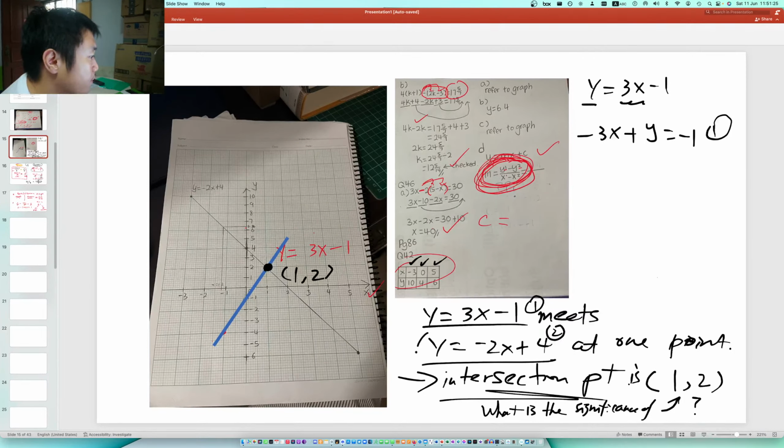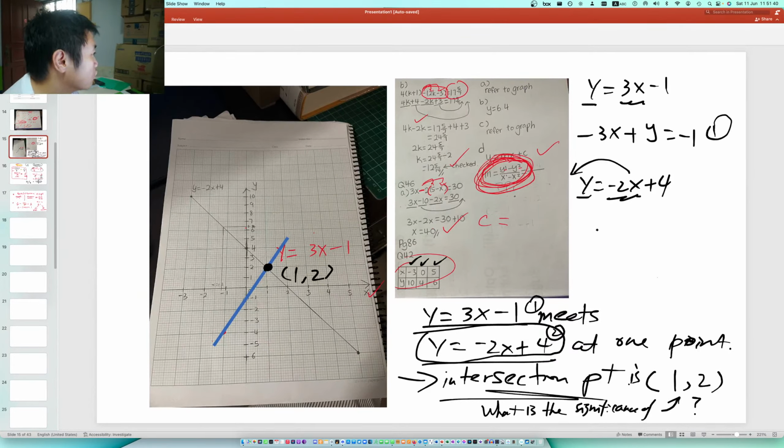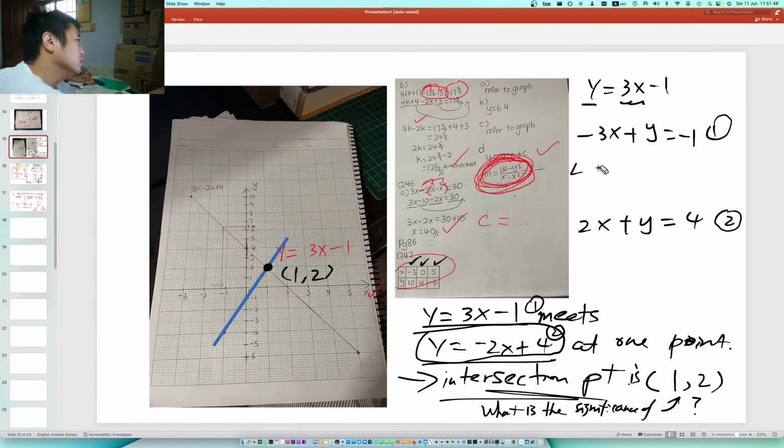This is your simultaneous equation format in your calculator, right? Then I will pick my equation 2. My equation 2 is also not in the simultaneous equation calculator format. I need to move my minus 2x over. So minus 2x over is 2x plus y equals 4. So this is my equation 2. Now, can you help me solve this? Because I already converted them into my simultaneous equation format, I don't have to look at this.